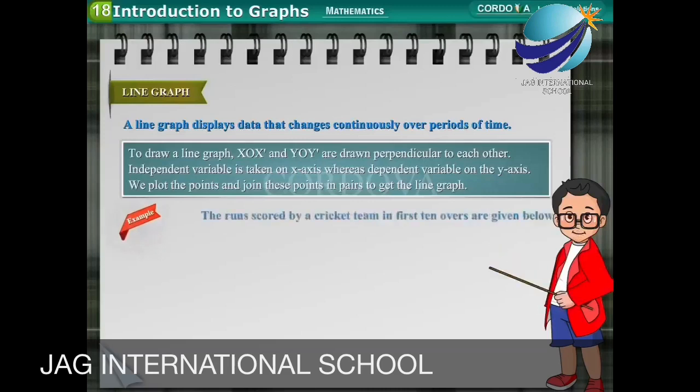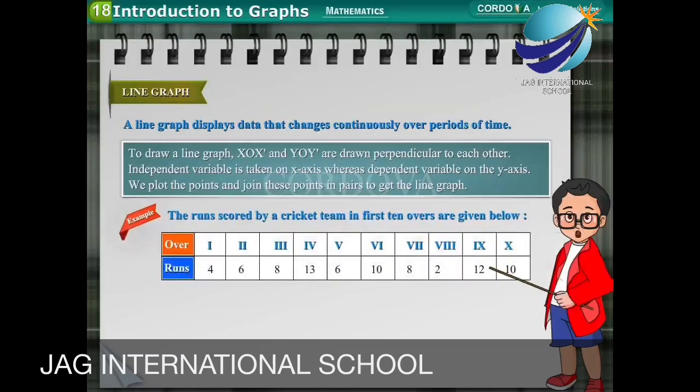Example. The runs scored by a cricket team in first 10 overs are given below. Over: 1, 2, 3, 4, 5, 6, 7, 8, 9, 10. Runs: 4, 6, 8, 13, 6, 10, 8, 2, 12, 10.